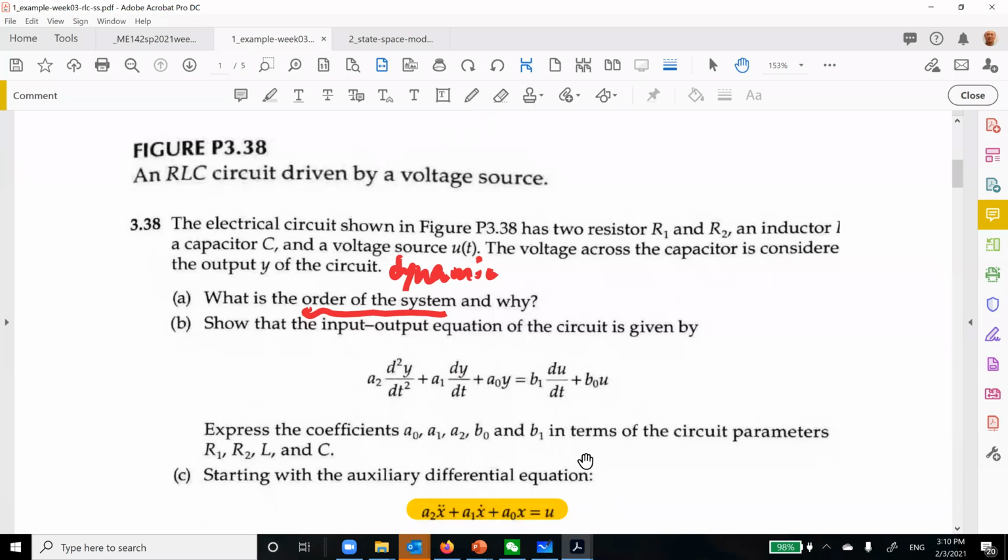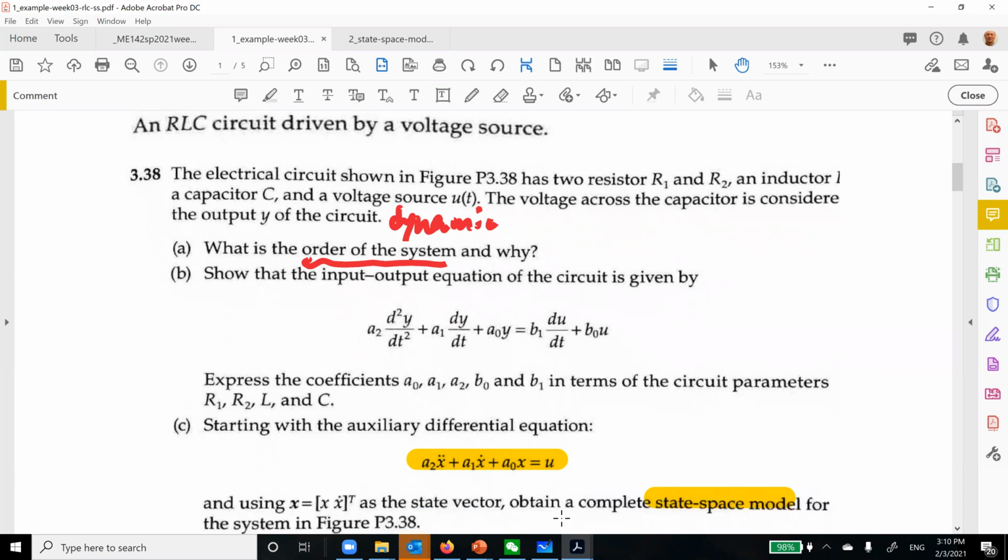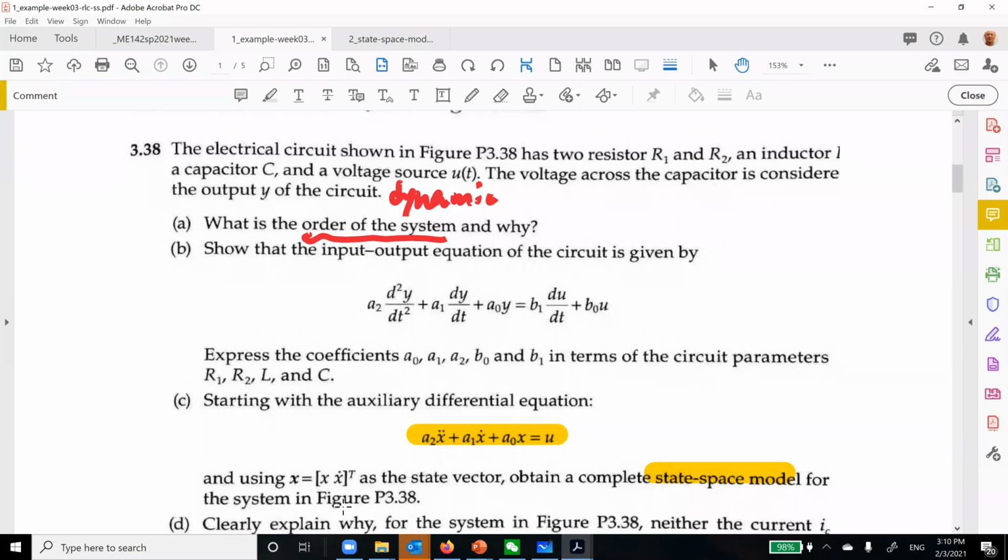Then another one is, we assume that this is the same thing. We introduce an X, and suppose this equals U. And then we can use X and X dot as a state vector and derive ABCD. What is my ABCD?